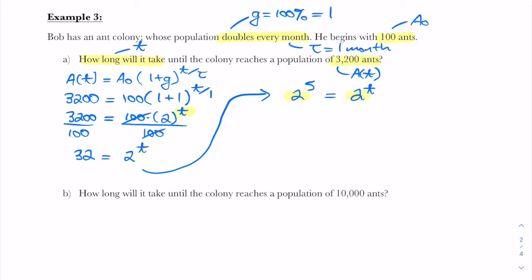So what has to be true in order for the left side of the equation to equal the right side? Well, the exponents, whatever they are, have to be the same. That's the only way for the left side to equal the right side. So therefore, we get that t equals 5. That means in 5 months, the ant colony will reach a population of 3,200.